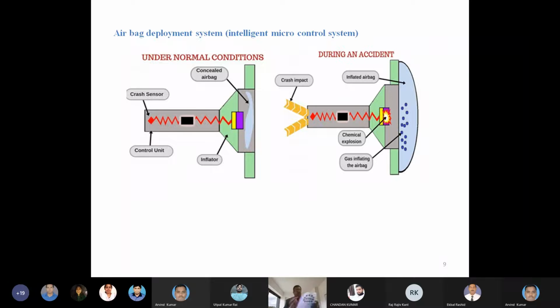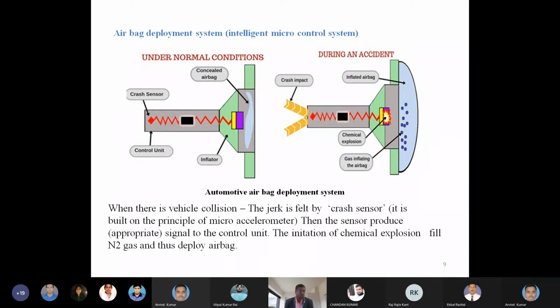Whenever we have a vehicle collision, we use this airbag deployment system. This system consists of a crash sensor, which works on the principle of a micro accelerometer.